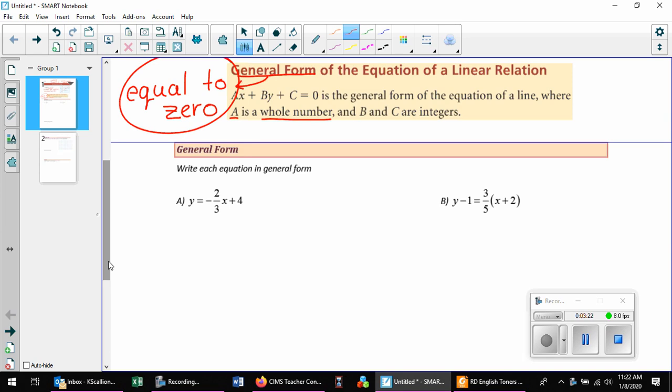Multiply it by 3, but I have to multiply every single term by 3. So the y has to be multiplied by 3. This coefficient from the x has to be multiplied by 3, and the 4 has to be multiplied by 3. So I'm going to have 3y equals negative 2x plus 12.